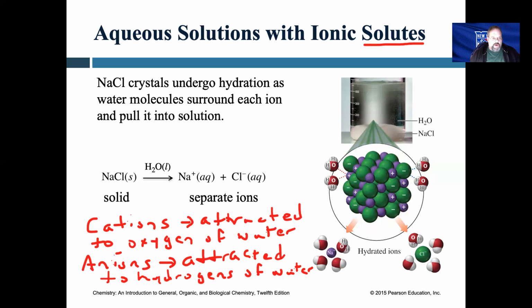Hydration is really the reason why ionic compounds are able to dissolve in water, because water surrounds the positive and negative ions found in the crystal lattice of this ionic solid, and by surrounding them, pulls them into solution. You can see from the following equation that if you take solid sodium chloride and place it in water, the ions separate into Na+ and Cl-.